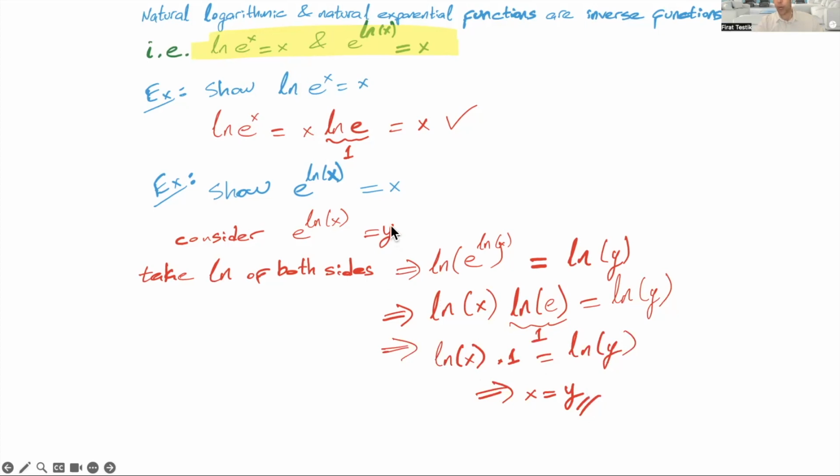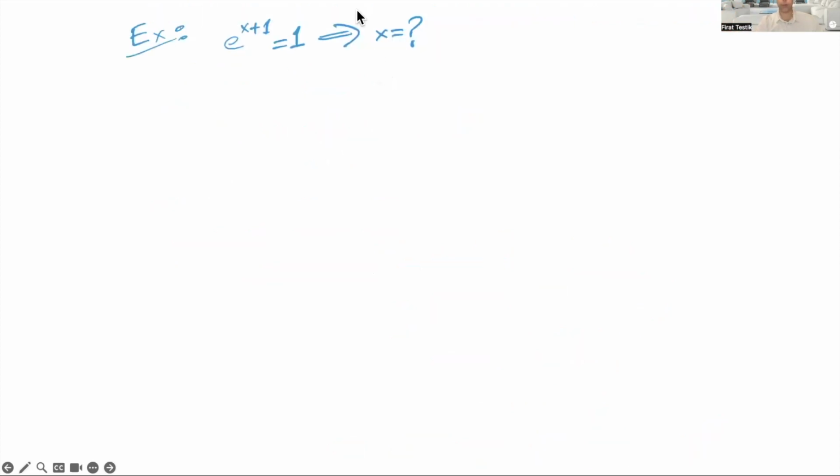If x equals y, we can write that e to the ln x equals y equals x, which basically proves that these two functions, natural logarithm and natural exponential functions, are inverse functions. And these are important properties that we can also use in the algebraic simplifications that we will conduct.